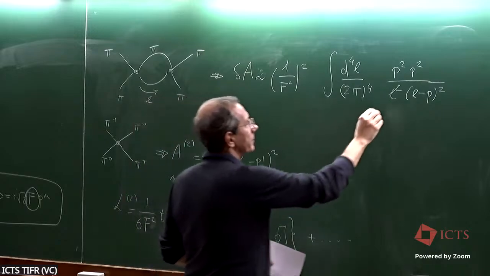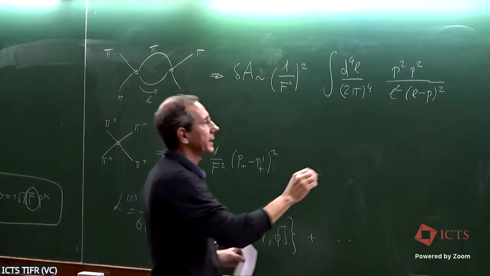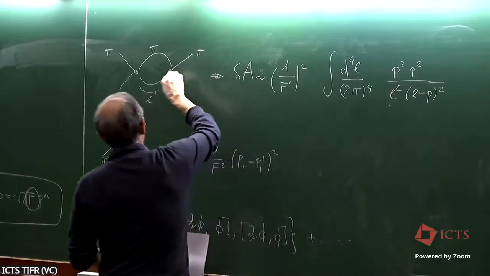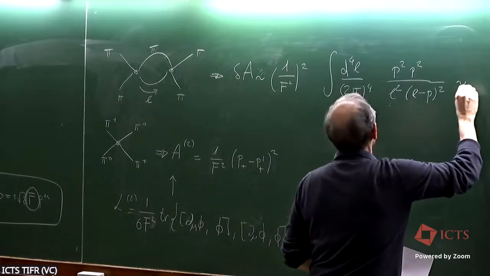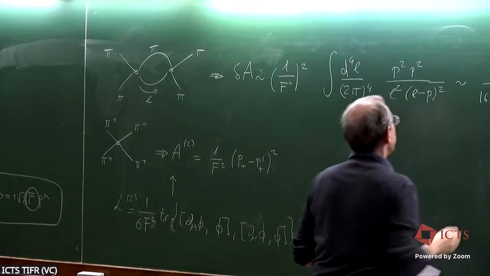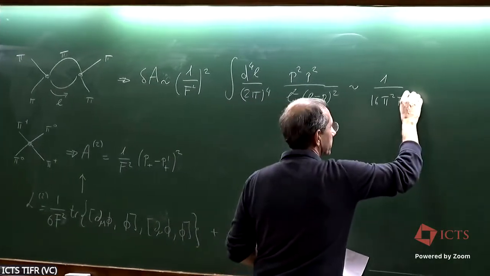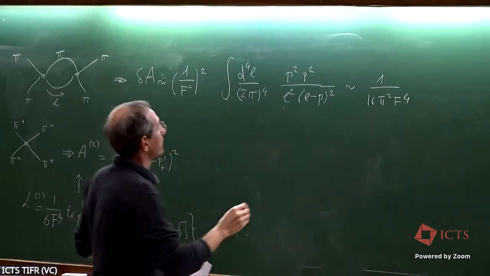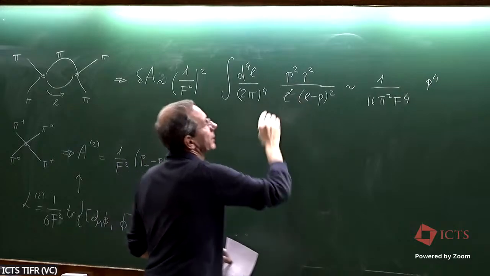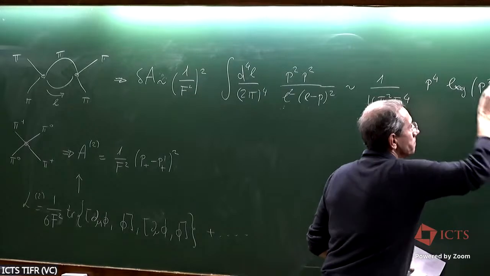You see here, each propagator brings power of momenta down. Then there is the loop integral, and then there are the momenta at the numerator because of the vertex. So clearly this scales like 1 over 16 pi squared f to the fourth, and something which has to be of the order of p to the fourth, because it's compensated with that, and then there will be some log of p squared divided by, because this is divergent.